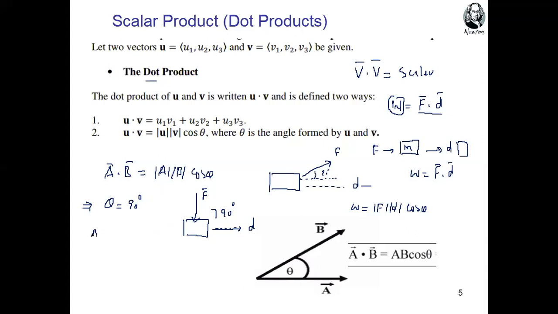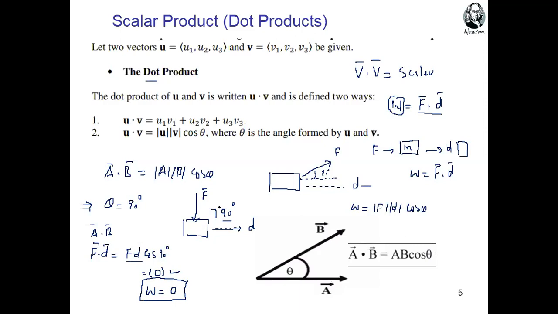According to the formula, F dot D is equal to F magnitude, D magnitude with cosine of 90 degree. Cosine of 90 degree is 0. So 0 multiplied with FD is equal to 0. So when the angle between force and displacement is 90 degree, work done is equal to 0. We cannot do work on this body if we apply force at 90 degree.